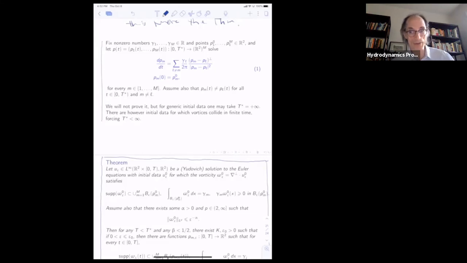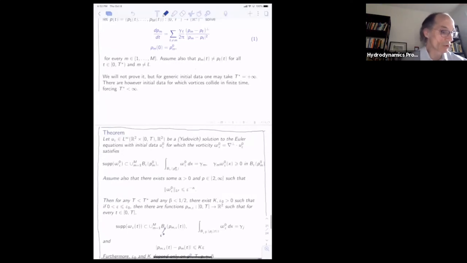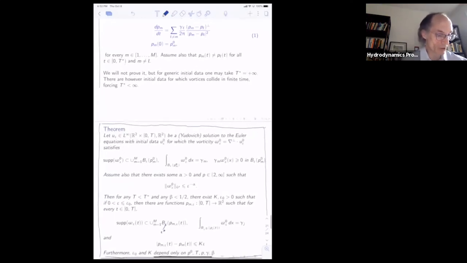We fix some parameters, some vorticity strengths. We fix a solution of the point vortex system of ODEs, and then we solve that, and we want to consider initial data for the Euler equation which looks like a bunch of delta functions with masses gamma located at these points.